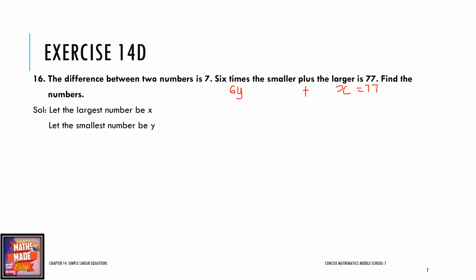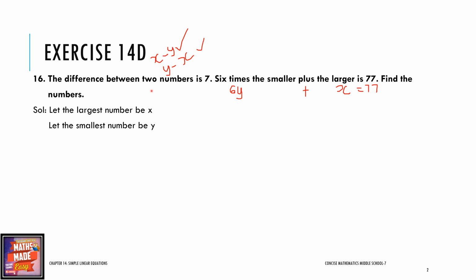Here you can assume the minus in two ways, x minus y and y minus x. You can take it like this or like this, right? Which one you have to choose from these two, because they have said the difference between the two numbers, so it can be written as x minus y as well as y minus x.